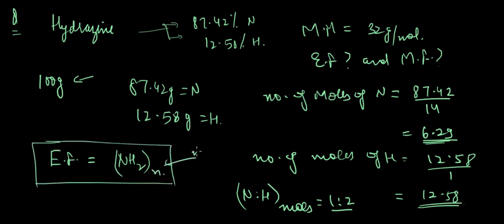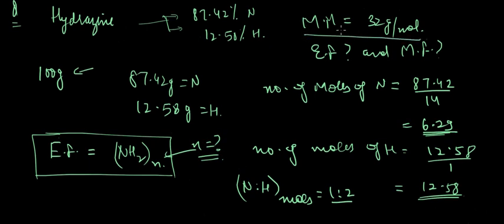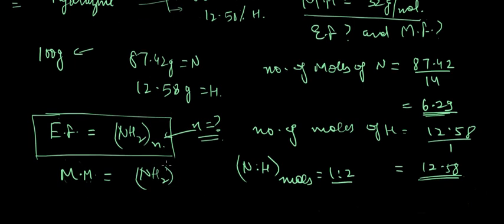We need to find the value of n. Okay, and for the information, we have been given the molecular mass of the compound as 32. So here we can find that the empirical formula mass is 16n. Okay, and so we can say that molecular mass, or rather molar mass, would be the mass of NH2 times n.